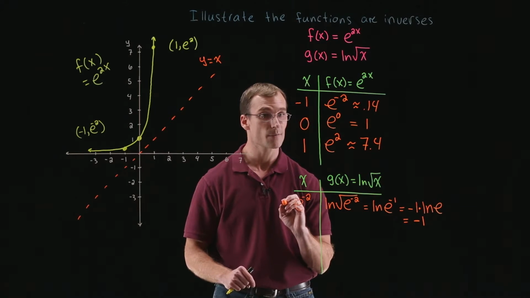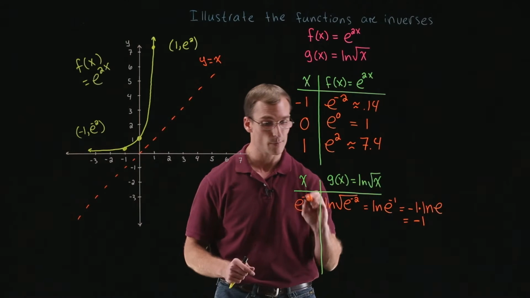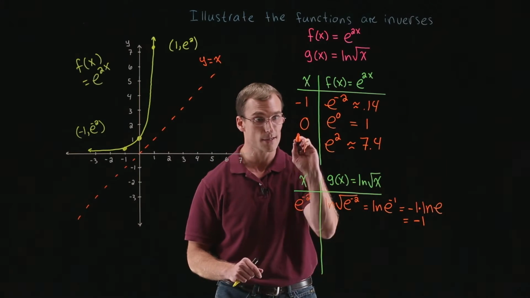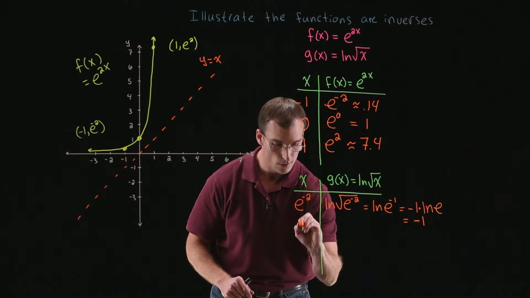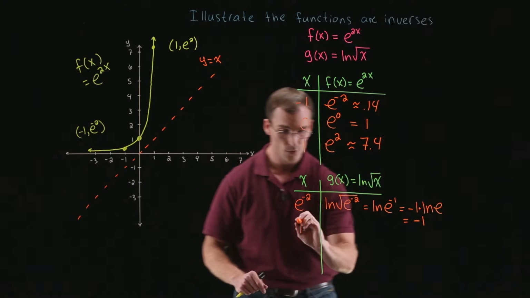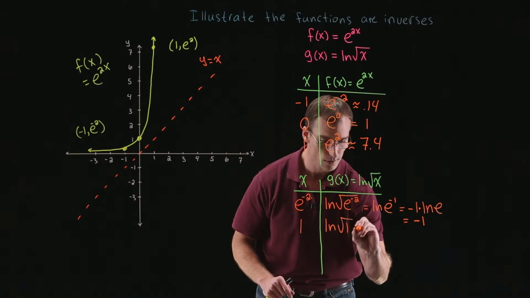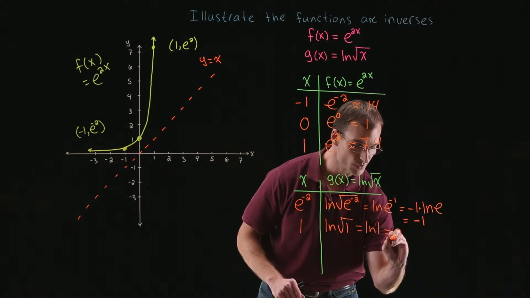So let's go ahead and do the same thing. What I'm going to do is take the y values from each of these points and plug them in as our x values, and see that we should get the y value corresponding to the x value for f of x. When x was 0, we got 1, so we'll plug in 1 here. ln of the square root of 1 is just ln of 1, which is 0.